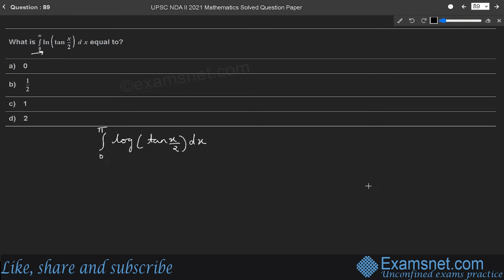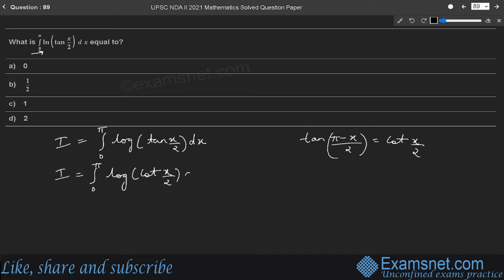Whenever the lower limit is 0, it means that it will be in the form tan of pi minus x by 2, which is equal to cot x by 2. This is the integration part. So here I will be equal to integration of 0 to pi log cot x by 2 dx.